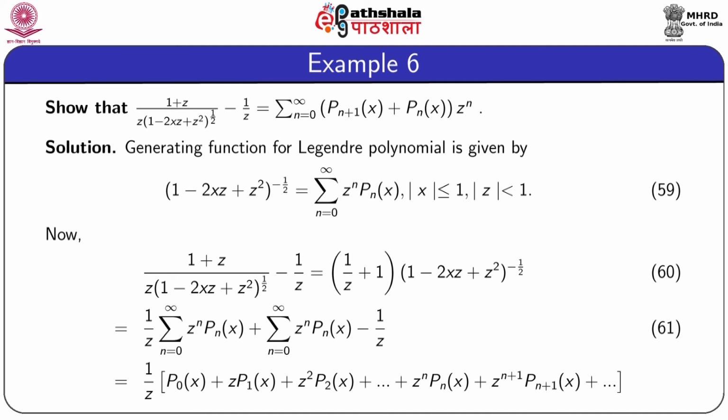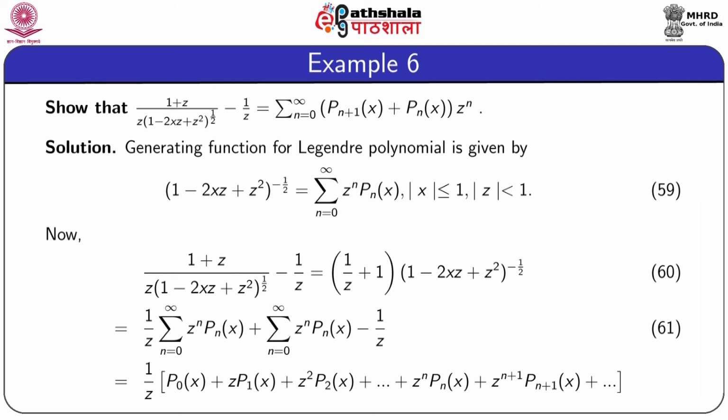What we do now is we divide 1 plus z by z, and you will be getting (1 by z plus 1) multiplied by (1 minus 2xz plus z squared) to the power minus half, minus 1 by z.